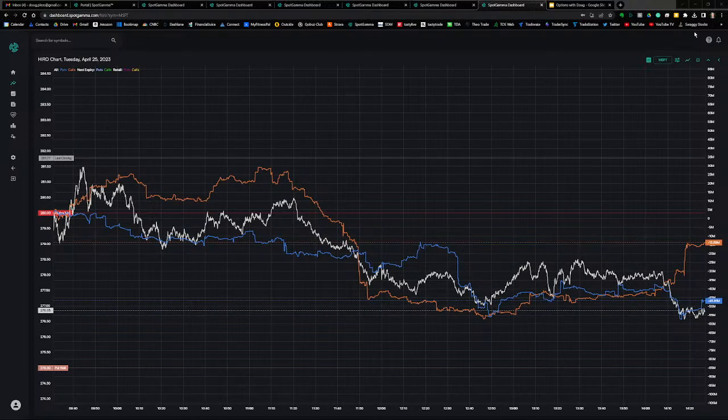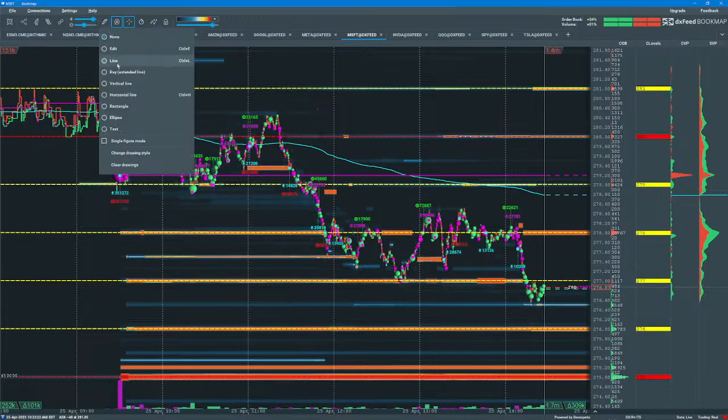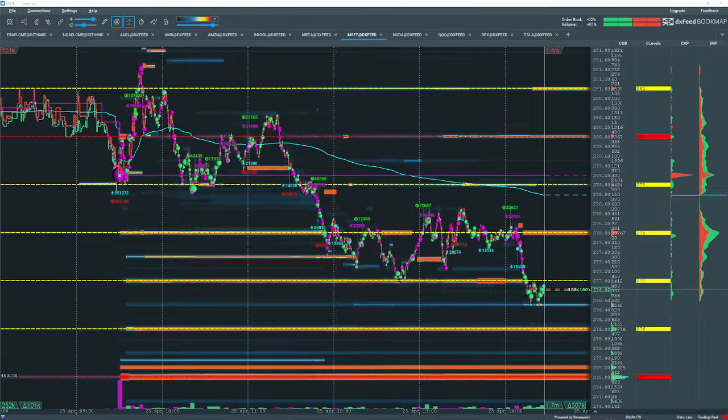All right, let's go back and take a look at Bookmap. Remember, 280 is the hedge wall. Here's the setup in Microsoft.